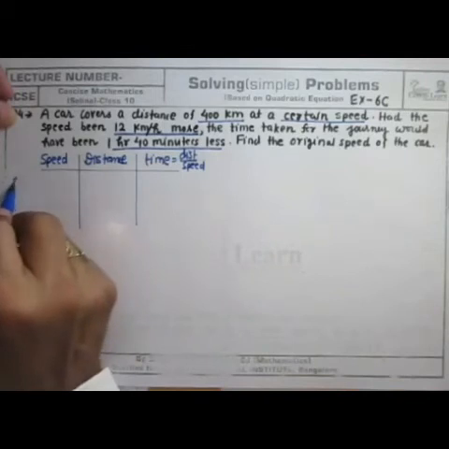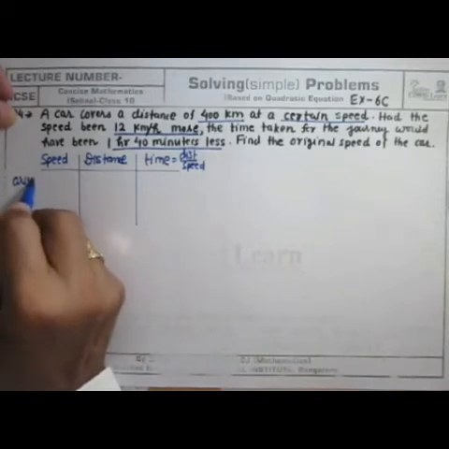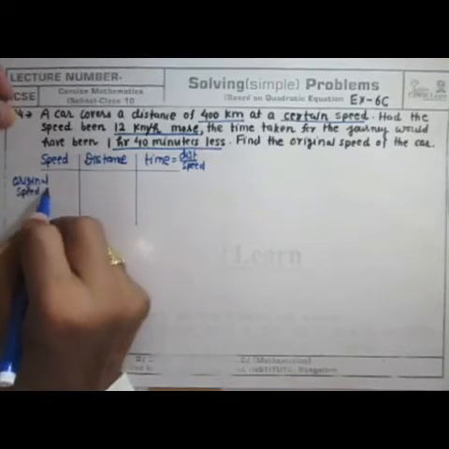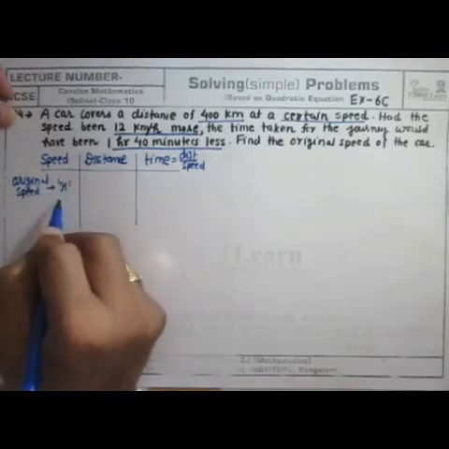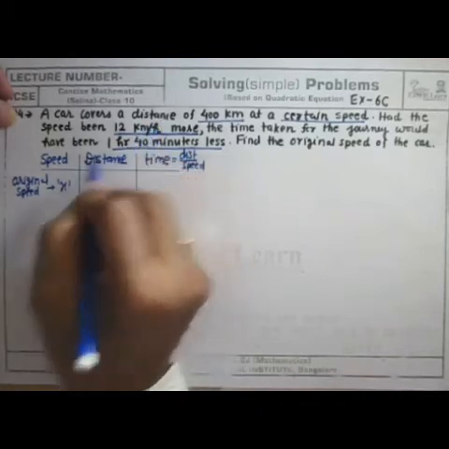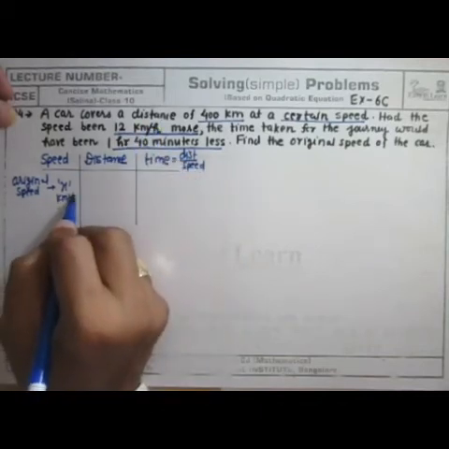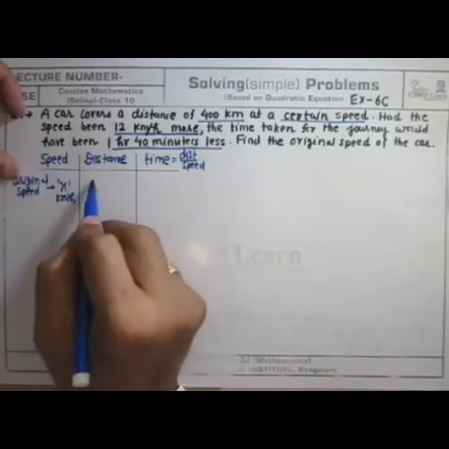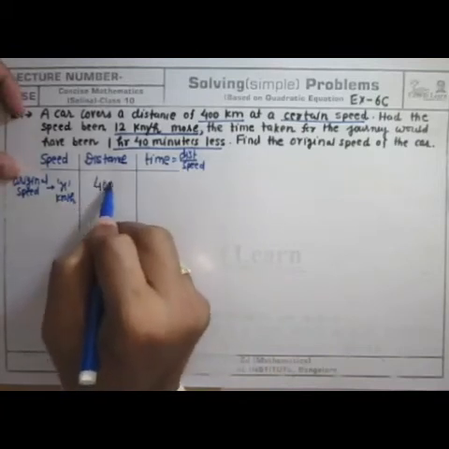So let the original speed of car be x, and unit should be kilometer per hour. Distance covered with this original speed is 400 km.